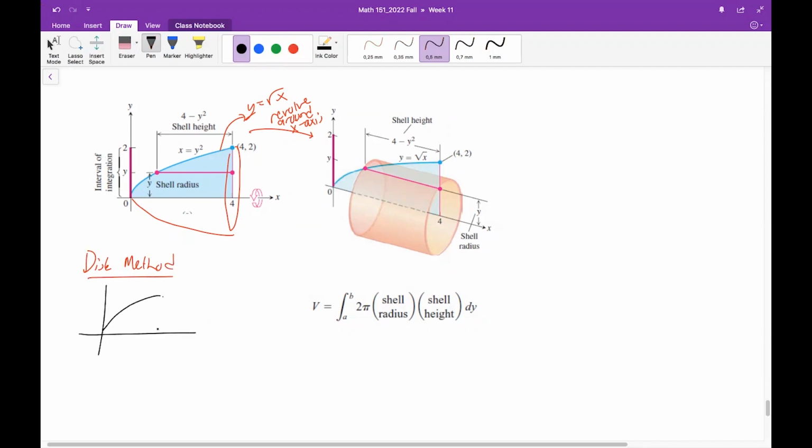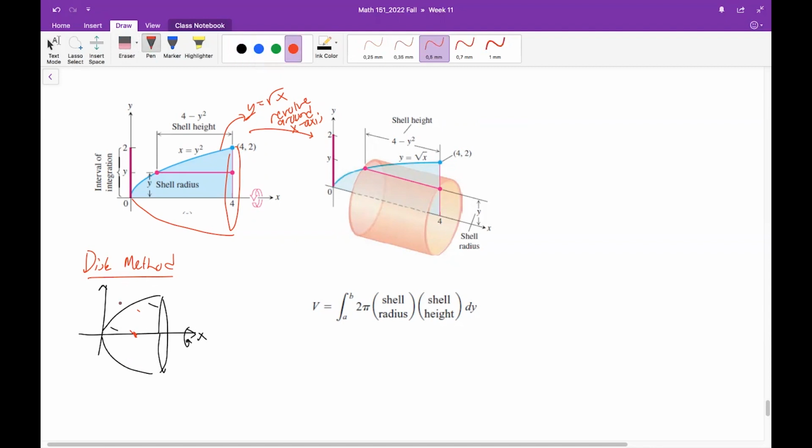You have this region and you are revolving it around the x-axis like this. This is the axis of revolution. So this was your region, and you look at the slices. They are full discs, right? The vertical slices.